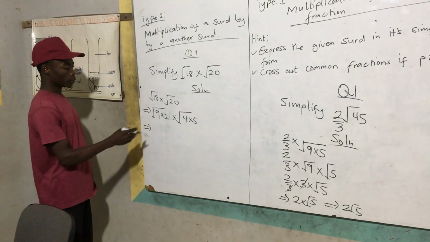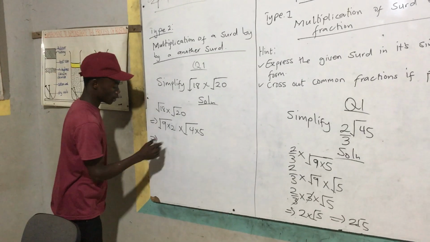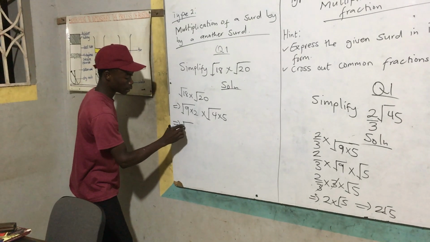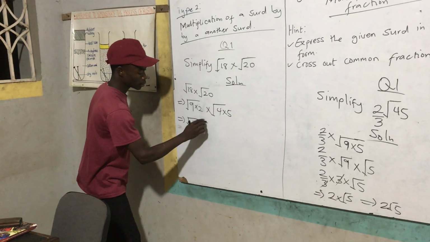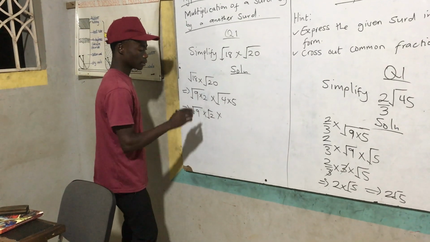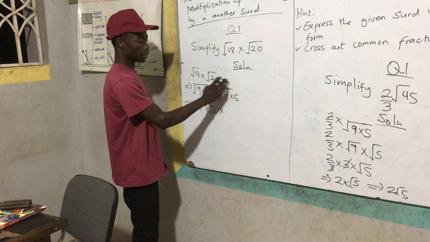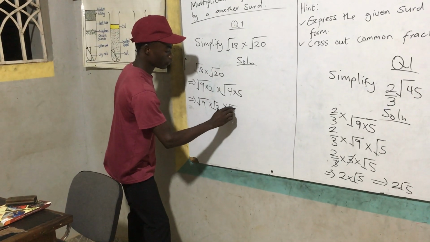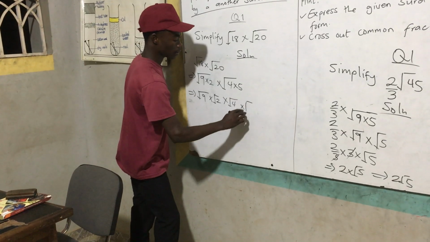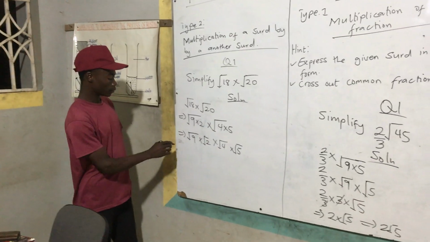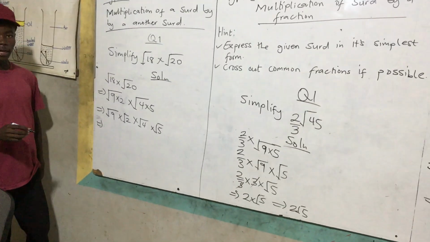Alright, so this root here, we can break it again separately as root 9 times root 2 times, the same thing applies here. We are breaking this square root here. We have root 4 times root 5.